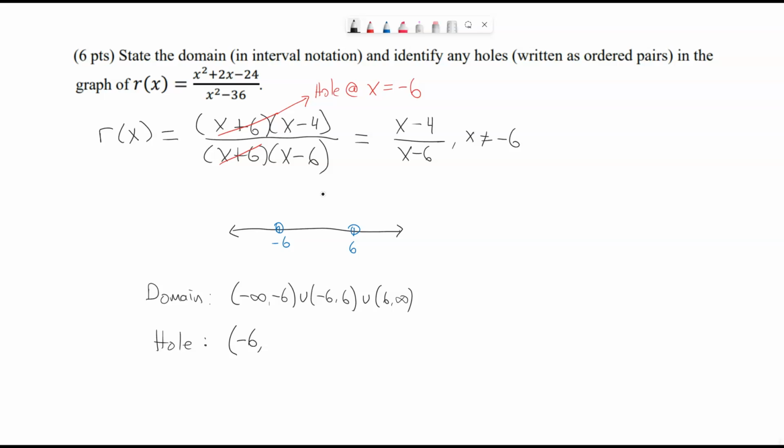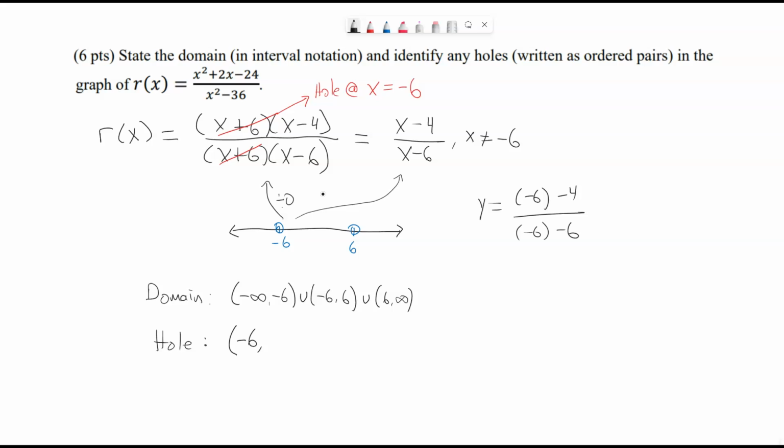How do we find the y value? By plugging the negative 6 into the original function, that would cause a divide by 0 error. We can't do that, but we can plug the negative 6 into the reduced function and get y equals negative 6 minus 4 over negative 6 minus 6.